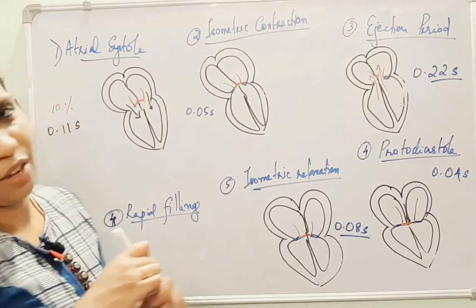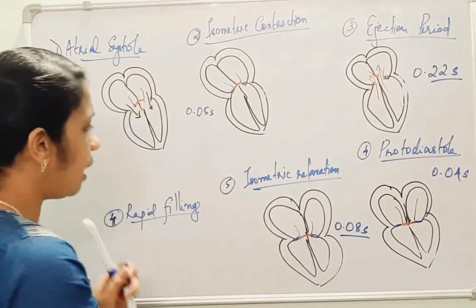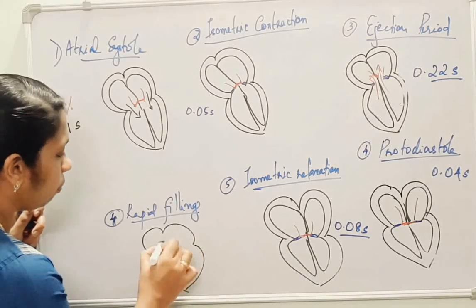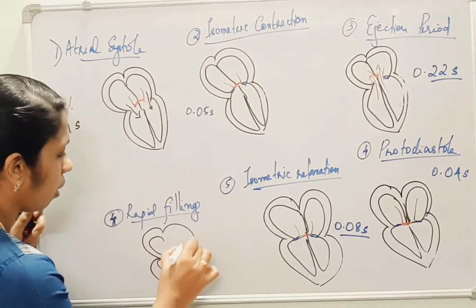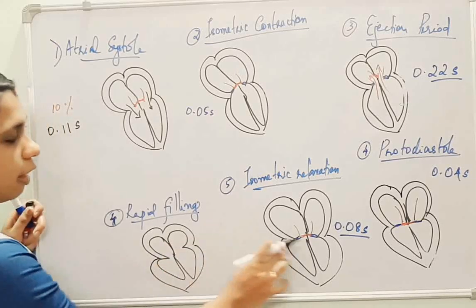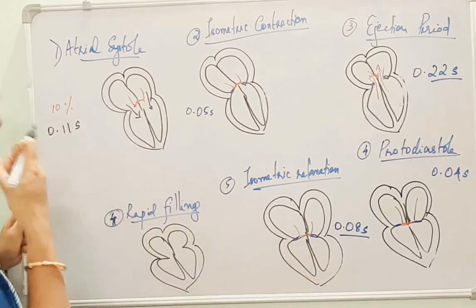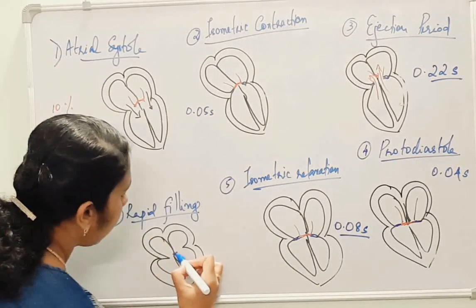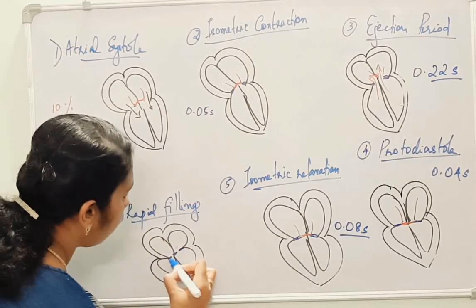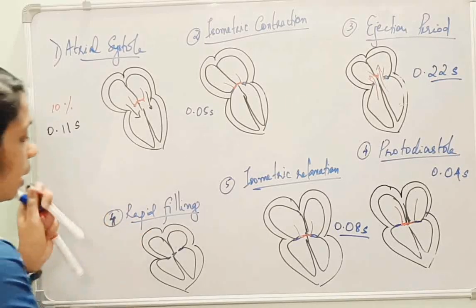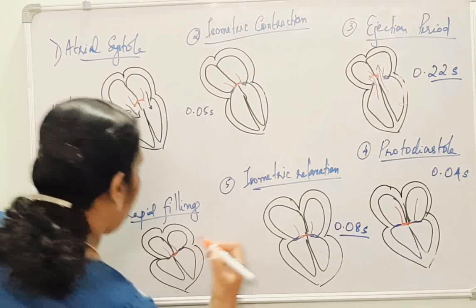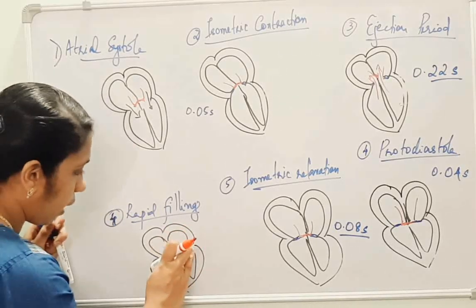So in case of rapid filling, you guess what will happen? Now the ventricle is free, it is ready to receive the blood from the atria, is it not? So in case of rapid filling, the atrioventricular valves open.